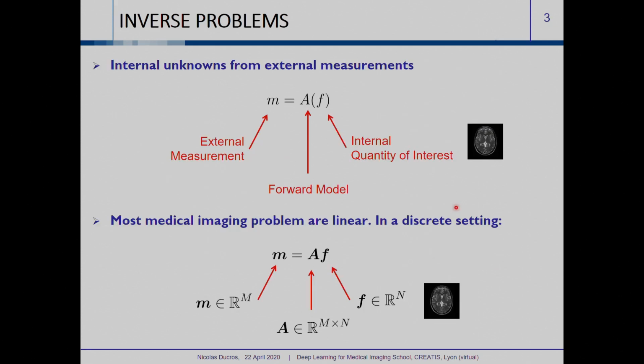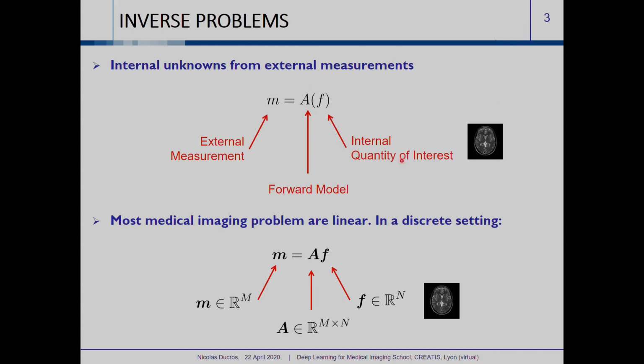Okay, so in this slide I will try to formalize a little bit what I've said before. Basically we have this equation here, m equals A of f, where m represents the external measurements that have been performed on the surface of the patient. f represents the internal quantity of interest.